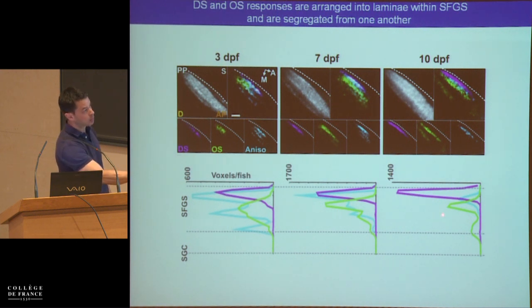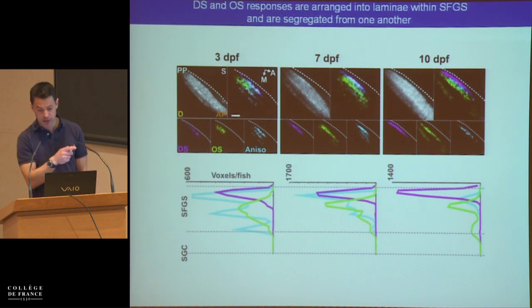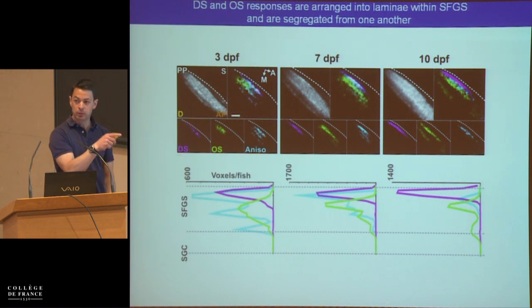You can see one lamina, which is this one, second lamina, which is this one. What's interesting is that there's virtually no overlap between these two subtypes. So at least with respect to these cell types, axons are segregating within the target according to the type of information they convey about the visual scene. So there's this very nice, simple logic to the organisation of these axons in the target.